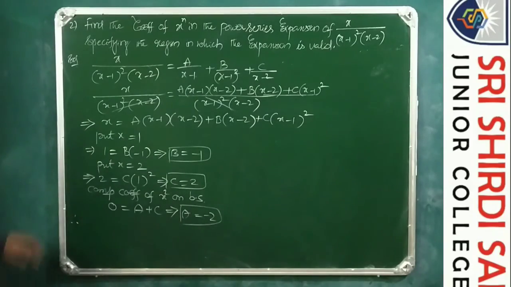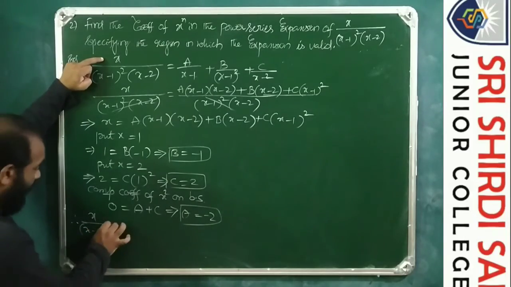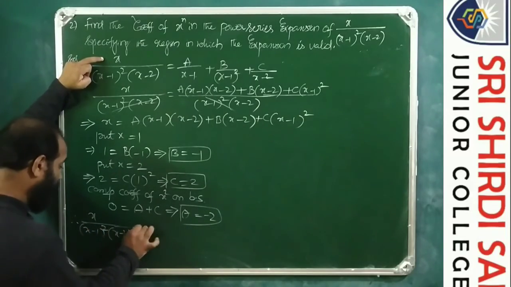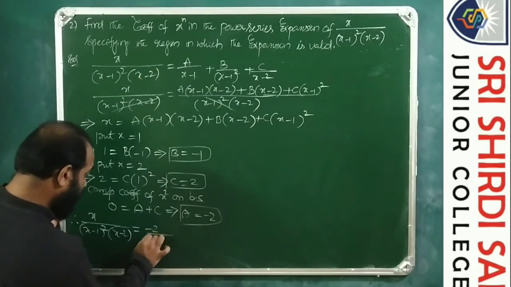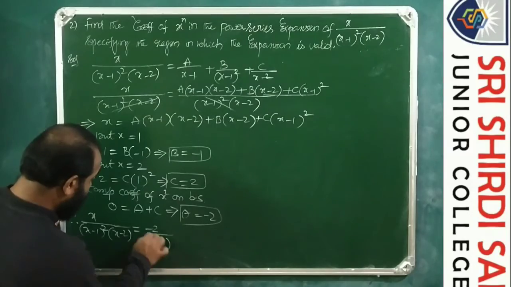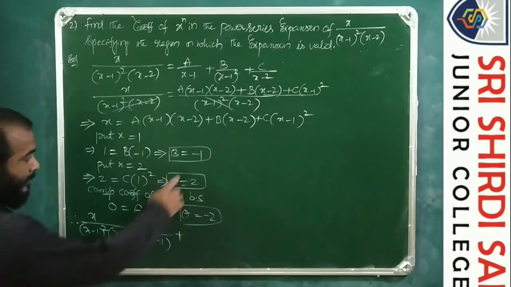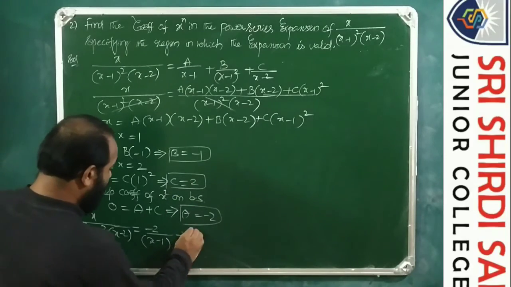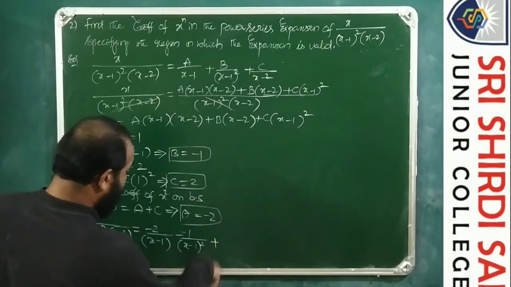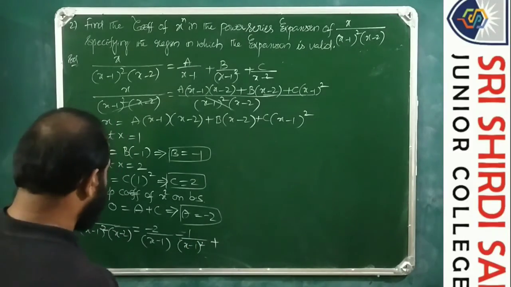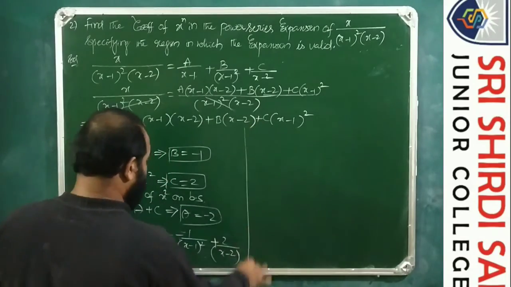Therefore, x by (x minus 1) whole square into (x minus 2) equals, the value of a is minus 2 by (x minus 1) plus the value of b is minus 1, so this is minus 1 by (x minus 1) whole square, plus c equals 2 by (x minus 2).